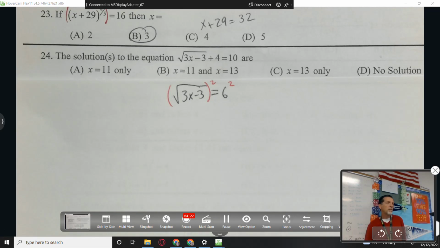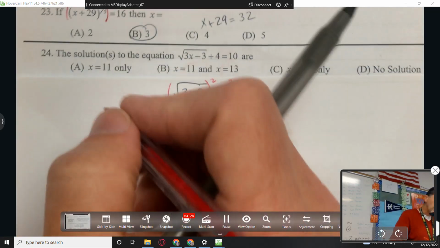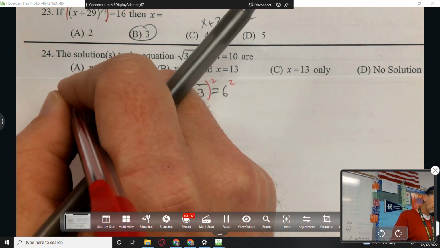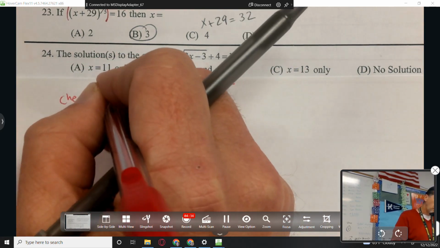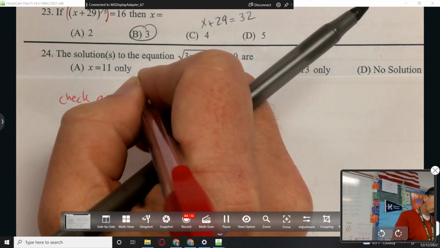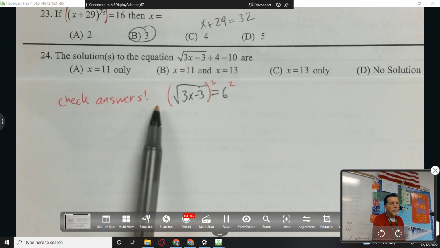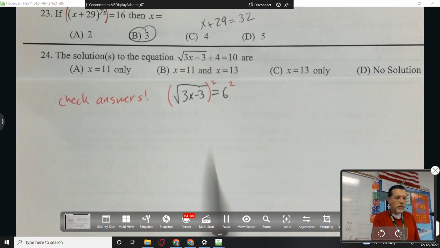Or do you remember? Don't remember. It's okay, that's why we do the review. If you square both sides, you've got to check your answer. Square root both sides, that's where the plus or minus comes in. Square both sides, it's a similar issue. We'll have to check our answers when we get through.